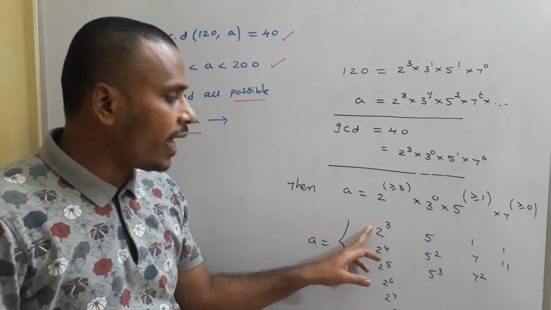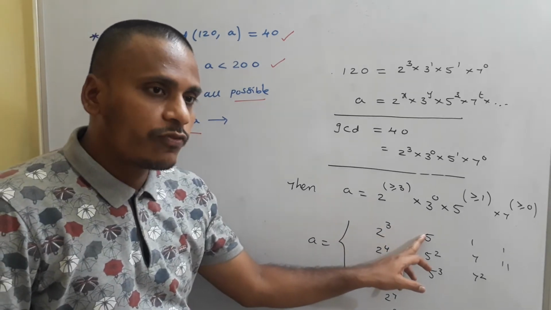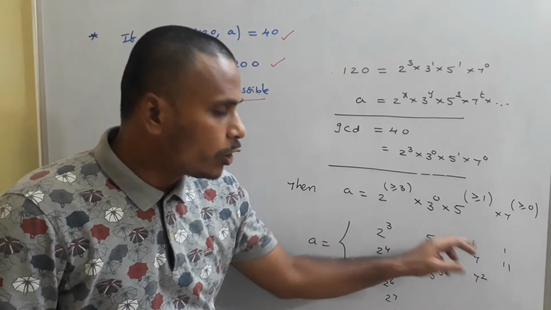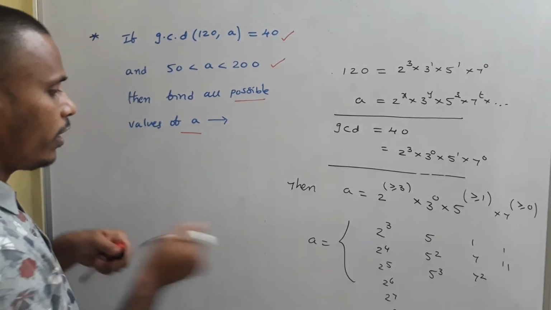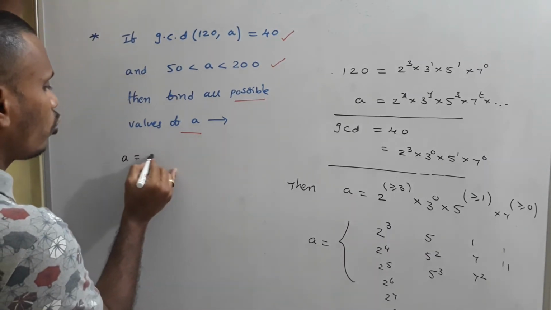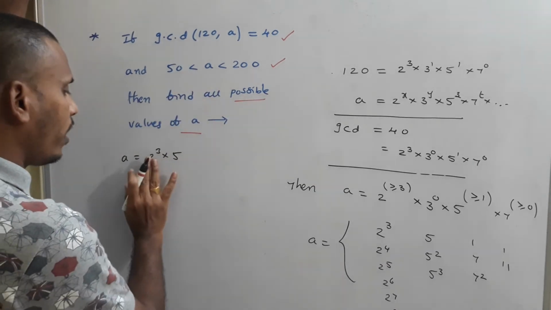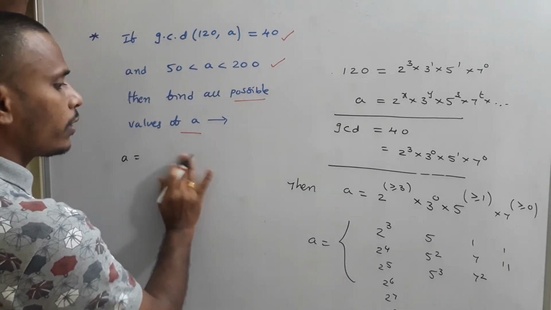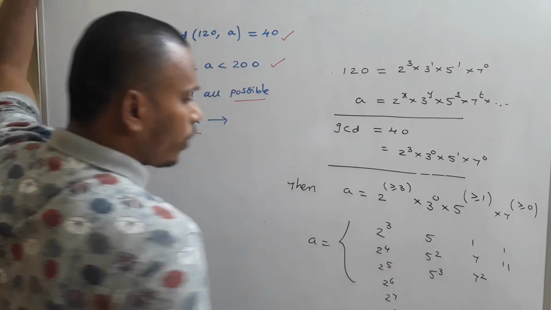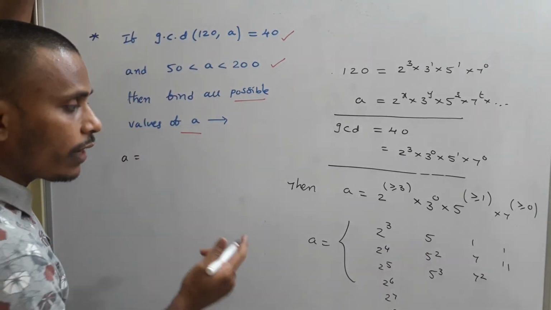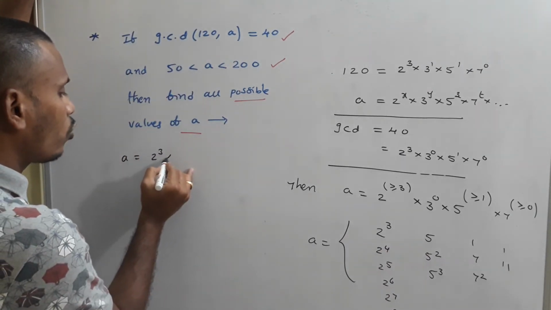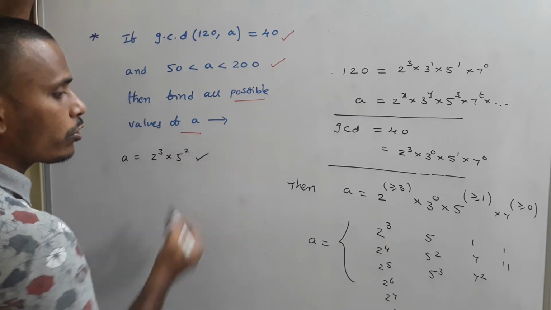2 cube is 8. 8 fives is 40 into 1. So one possibility for A is 2 cube into 5, but since it is not in between 50 and 200, you just neglect it. Next, 2 cube into 5 square. 8 into 25 is 200. So 2 cube into 5 square is a required possibility.